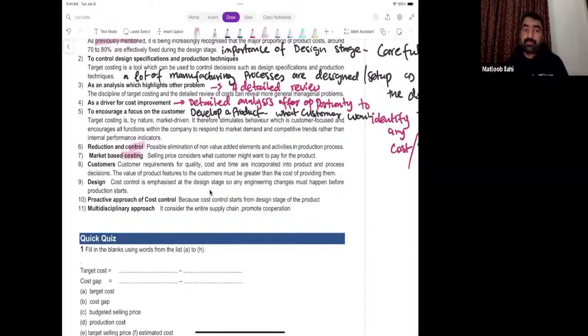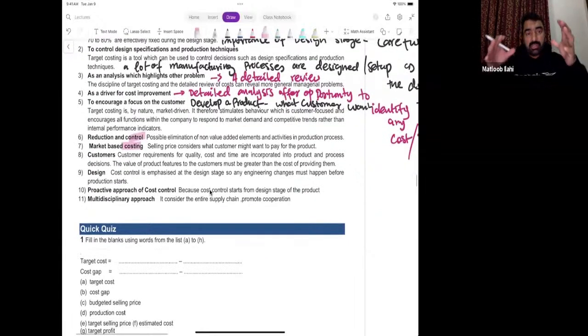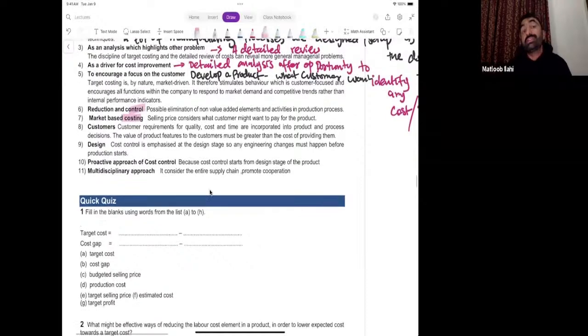Yes. So in this way, we can set selling prices on the basis of the market-based cost, because we have been able to reduce the cost of the product to the market level. Customers are given importance. Customers are at the heart, at the center, at the core of our design of the product. More focus on the design side.